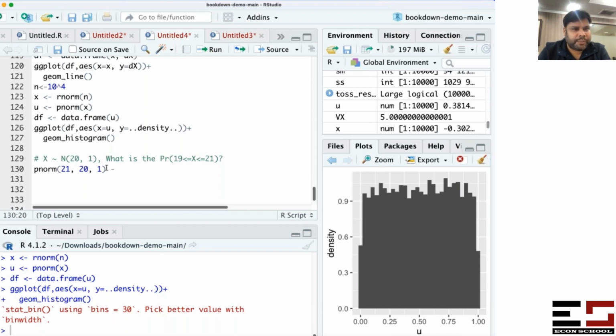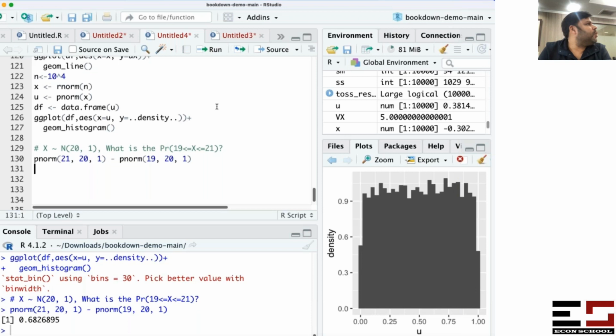Then subtract from it pnorm(19). The reason it doesn't matter whether we include the endpoint is because it's a continuous distribution, so the probability at a point is 0. You don't have to put 18.999 or something like that. So just run this. 0.6826. So that's the normal 68%. Is that okay? Have you understood this?